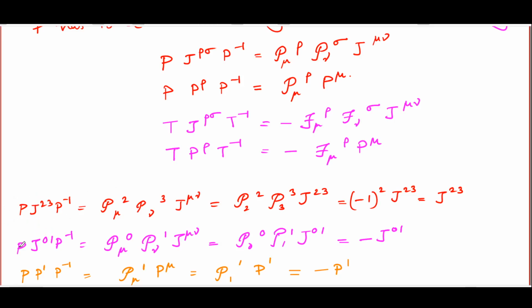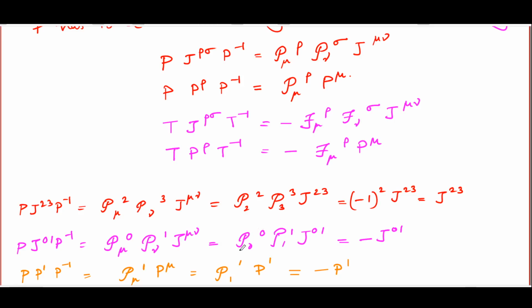On the other hand, as far as boost is concerned, if you start with J0i, let's say J01 in particular, P J01 P inverse, according to this, is going to be curly P mu 0, curly P nu 1, J mu nu, and curly P mu 0 has only one non-zero term, which is curly P 00. Curly P nu 1, as you run over nu, has only one non-zero term, curly P 11.